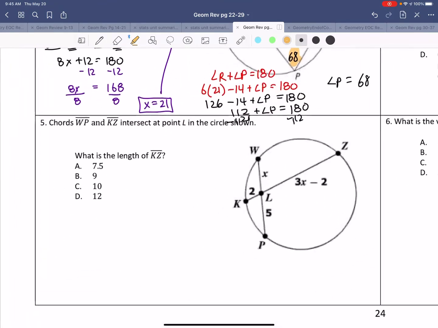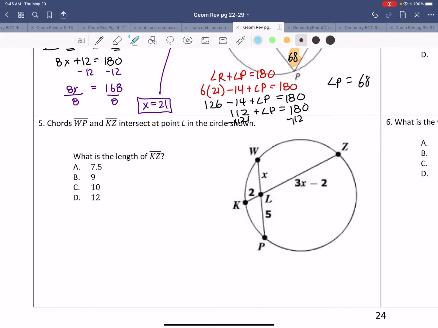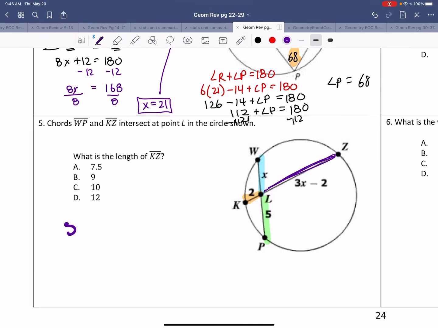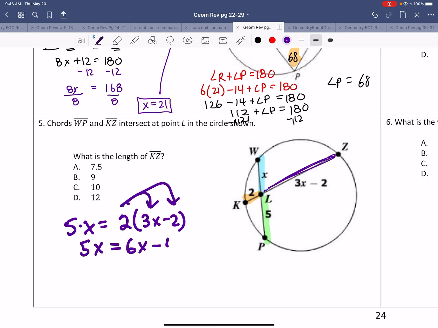All right, let's do this one. We noticed I could take this times this and set it equal to this times this and solve. So let's do that. 5 times x has to equal 2 times the purple one, 3x minus 2. If we distribute, we get 5x equals 6x minus 4.